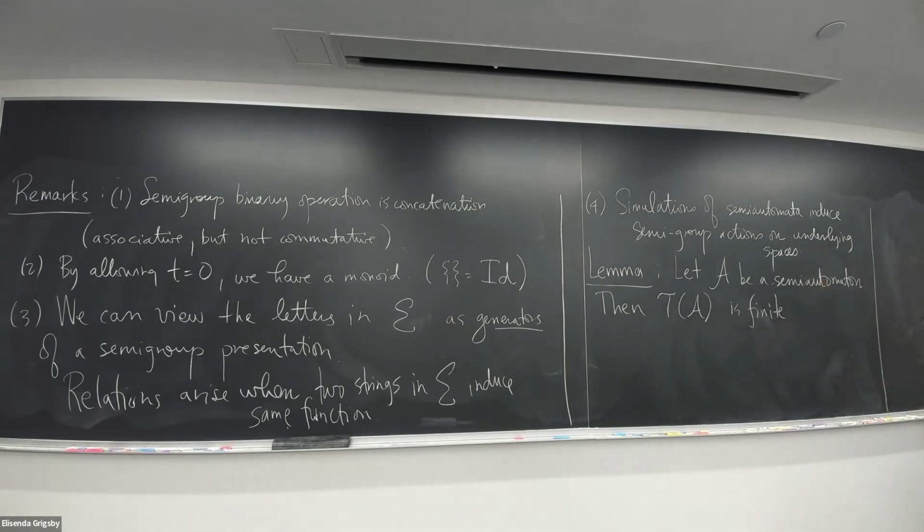The proof is that there are only so many functions from a finite set to itself, and this transformation semi-group sits inside that set of functions.